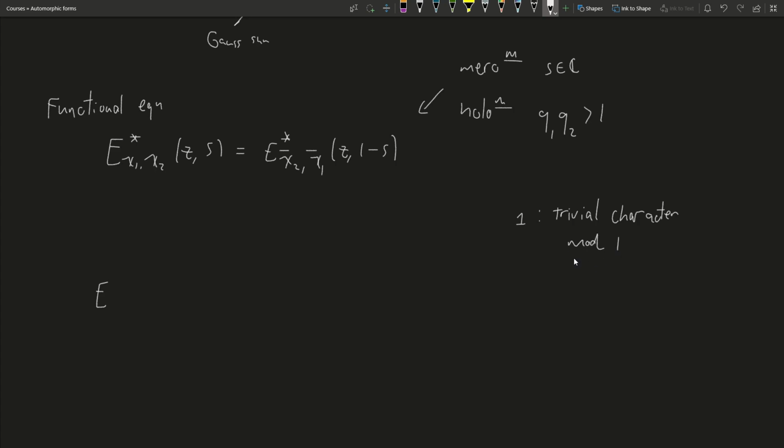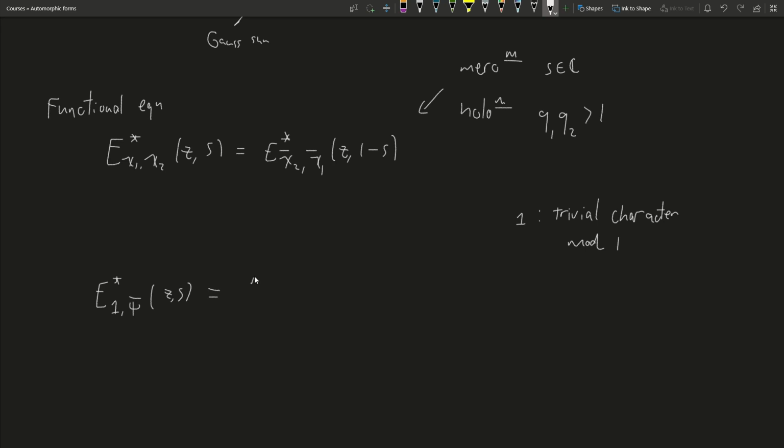And so I'll say that the Eisenstein series with character mod 1 and then some character psi, it's convenient to put a bar here, completed, at s.